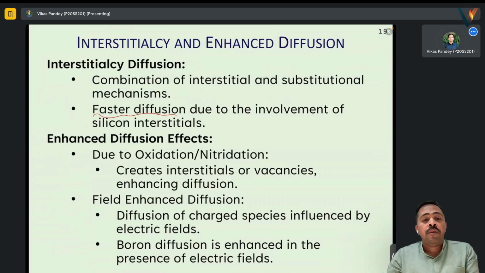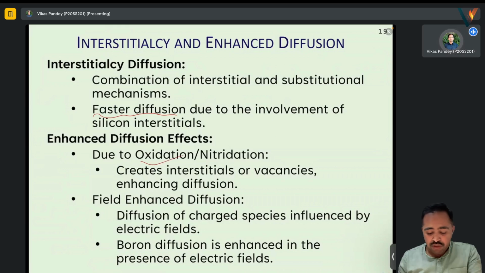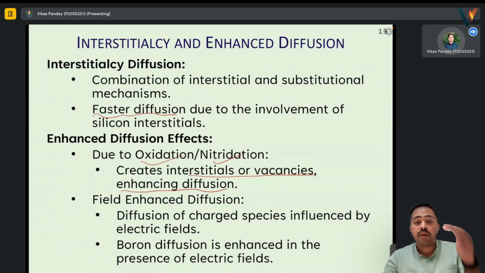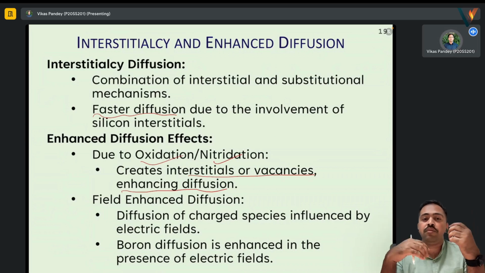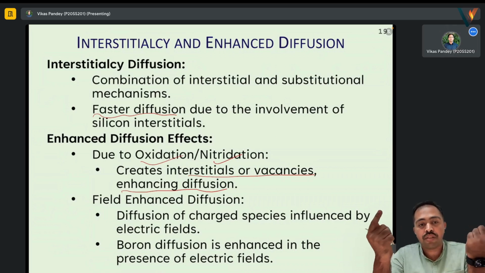What is the enhanced effect of this enhanced diffusion? Due to the oxidation or nitridation, it creates interstitials or vacancies, and this enhances diffusion. So when we are creating the mask itself, some interstitials or vacancies are created, and when we are doing the diffusion, these vacancies will enhance the diffusion process.